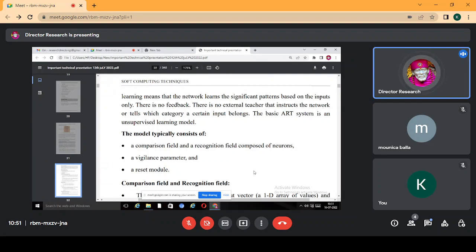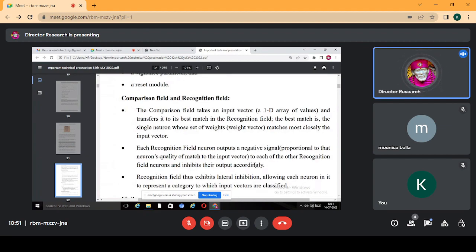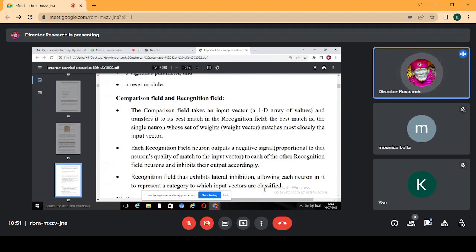The model typically consists of, the first one, a comparison field and a recognition field composed of neurons. Second, a vigilance parameter. The third one is a reset module. The comparison field takes an input vector and transfers it to its best match in the recognition field.